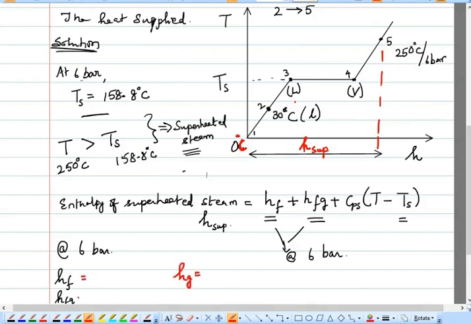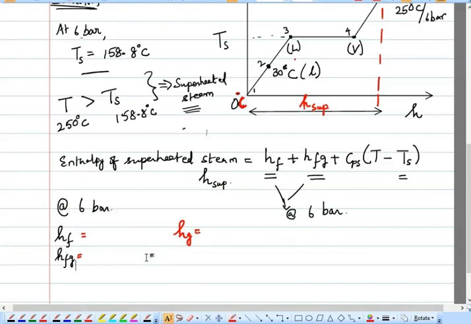Either you find HF and HFG and sum them, or you can directly use this formula. Either the red color formula or this black color formula. Any formula you can use because HF plus HFG is Hg.